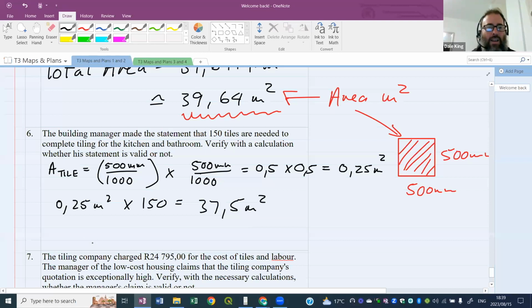Ben, is the statement valid? He says 150 is fine. Is it valid? Yeah, it's not valid. He says 150 is fine, but that only gives you 37.5. Our area is 39.64.